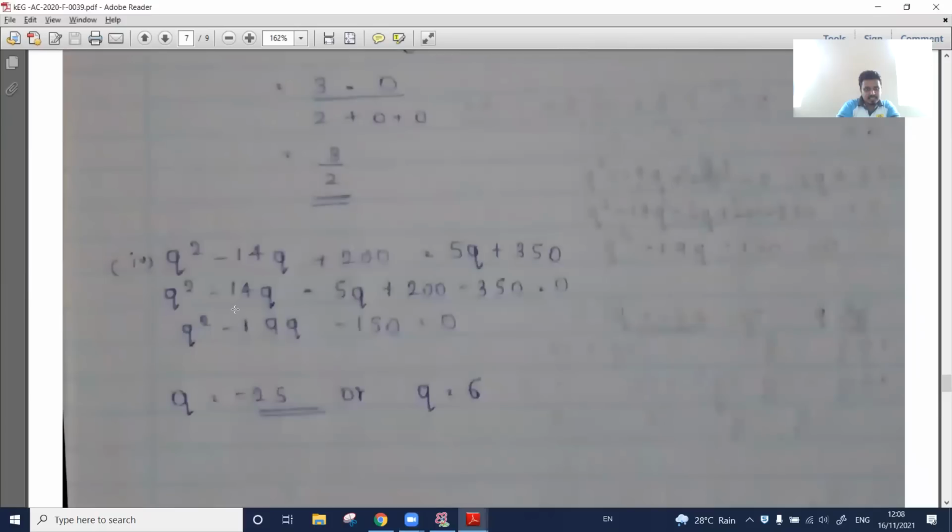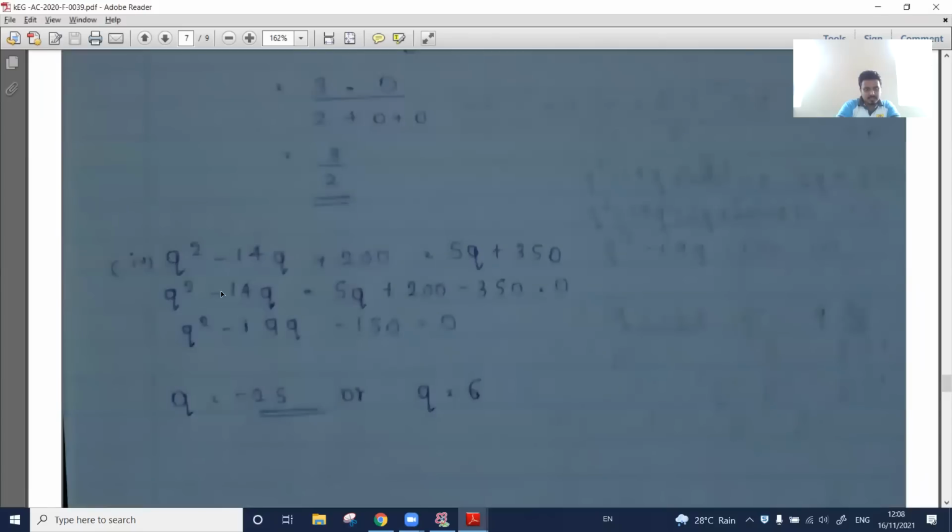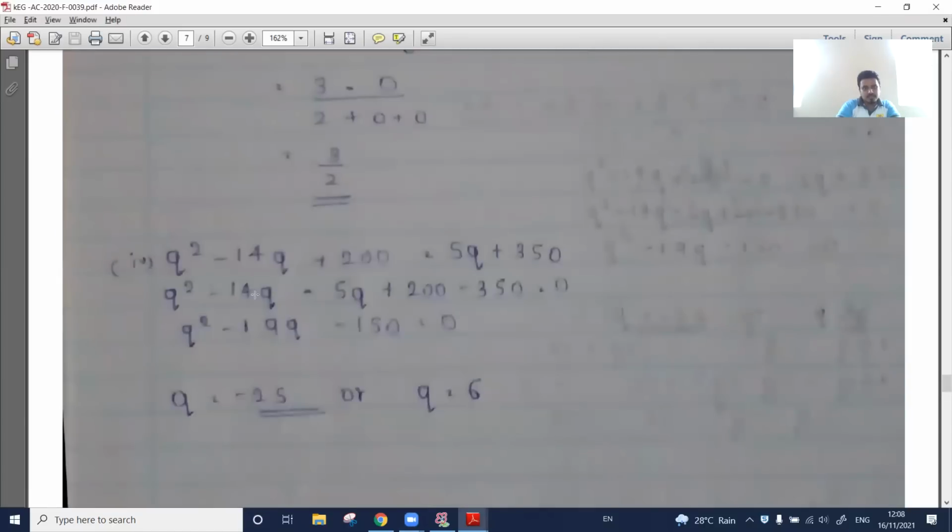It is here, right? So here, see, this is correct. Yes, this is minus 14Q. Minus 14Q minus 5Q, that is minus 19Q. Okay, this is correct. So the answer should be: A value is 1, B value is minus 19, C value is minus 150.